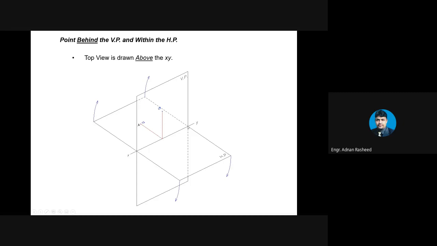And another case. Now in this case you can see that the point A is behind the vertical plane, but it lies in the horizontal plane. So if you are watching it from the top, you will get this top view. But when this horizontal plane rotates such that it coincides with the vertical plane, you will get this top view which is above the XY line.